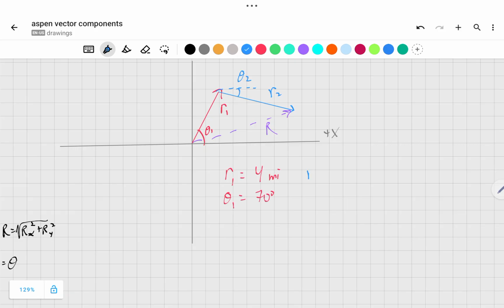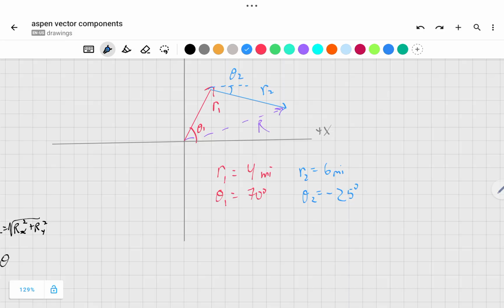We also have R2, which is equal to 6 miles, and theta 2, which is equal to negative 25 degrees. Okay, so what I've done here is given us distances and angles for each of these things. I'm not going to worry about that negative sign really right now. That's just to let us know that it's below the axis.